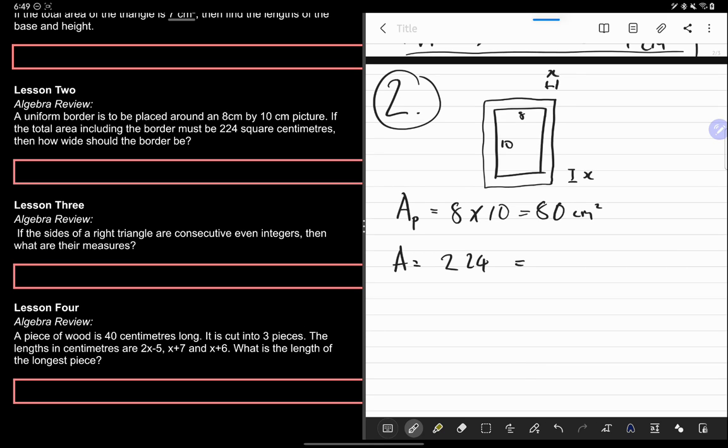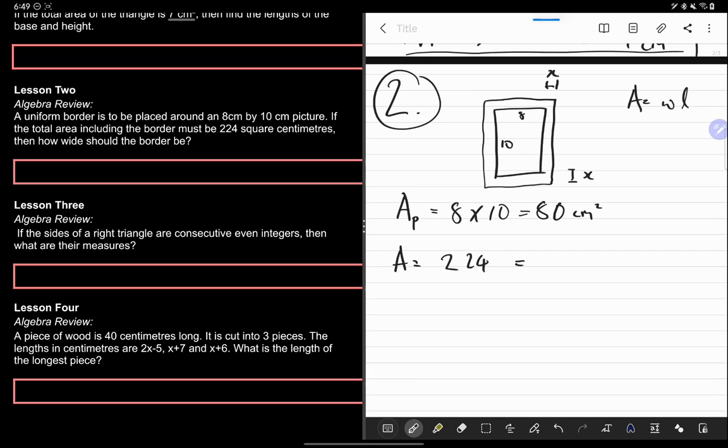But also in equation form, I would say that the area, because it's a rectangle, right? Rectangle area is base times height, or length times width, whichever one you like. Doesn't really matter. Yeah, you get the picture. So here we go.